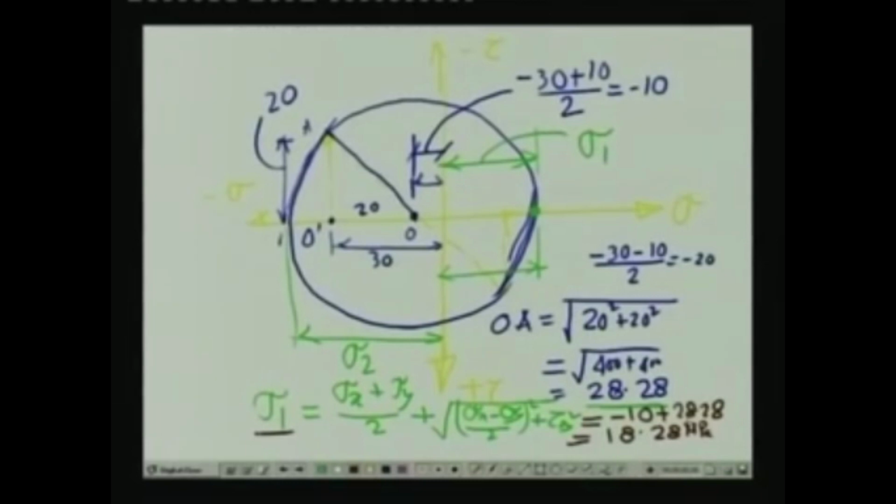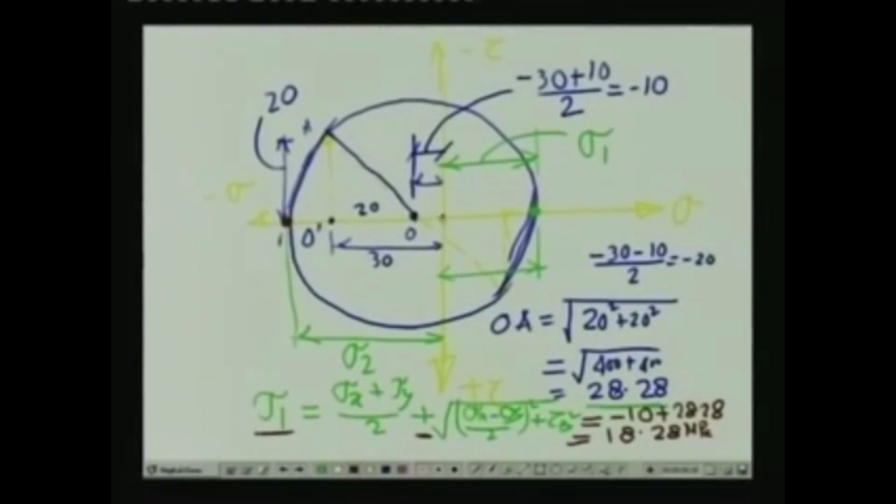And what will be the minimum principal stress? The minimum principal stress will act on this particular plane, which is sigma 2, which is sigma x plus sigma y by 2 minus root of sigma x minus sigma y by 2 square plus tau xy square. In terms of the Mohr circle, the distance is this radius plus this distance, and this radius we have got as 28.28 plus we have 10.